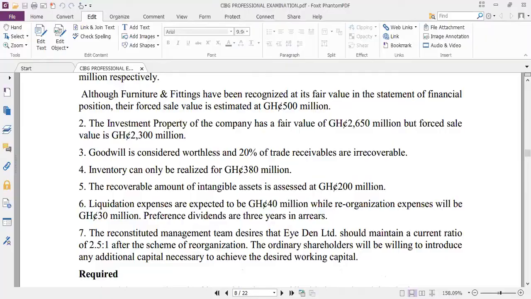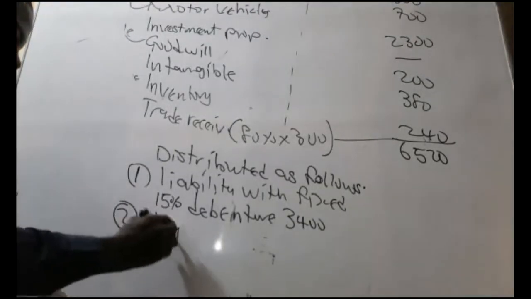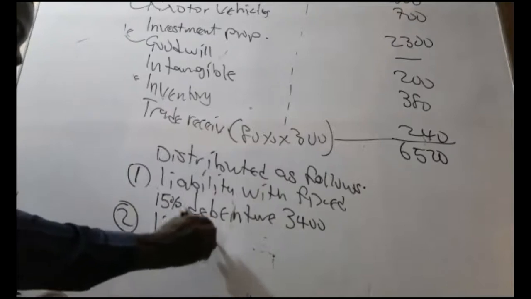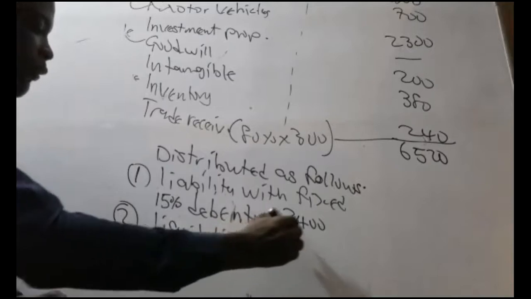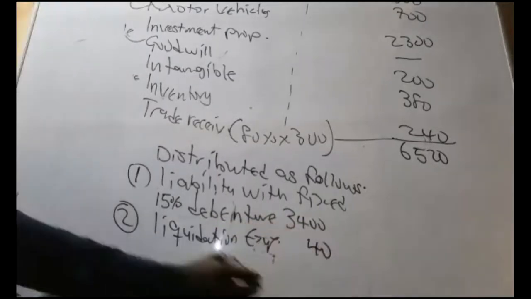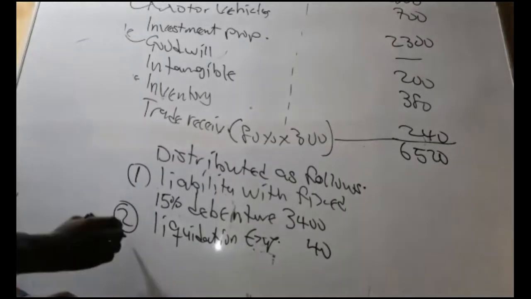Let's go back to the board. So liquidation expenses, 40 million. The next type of liability will be what?